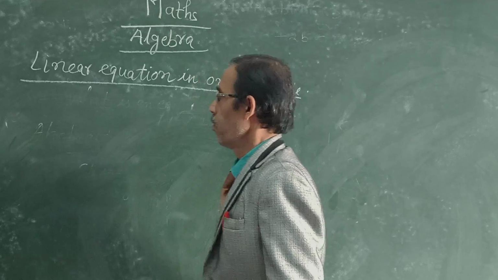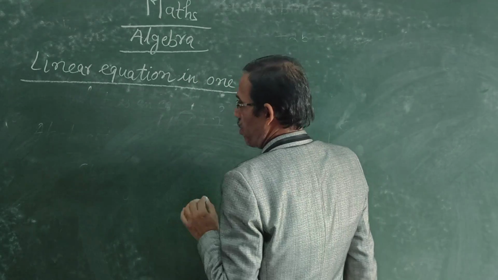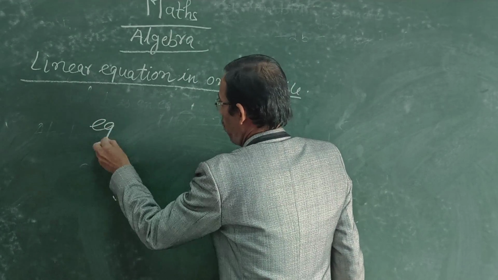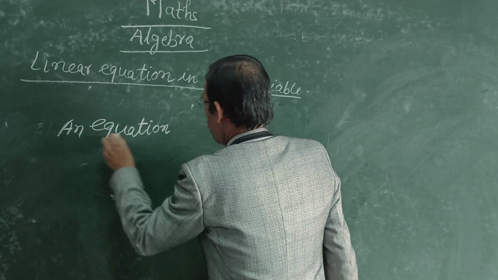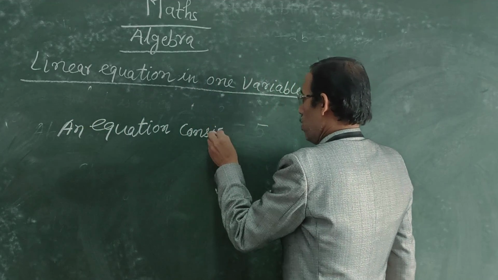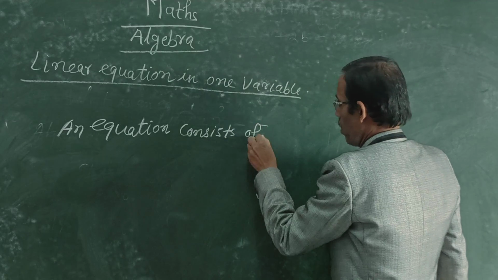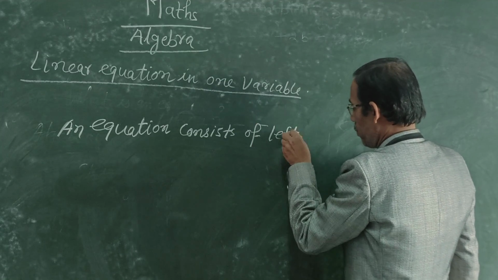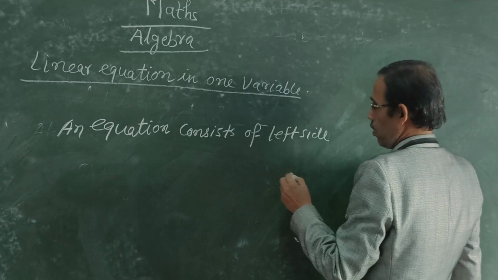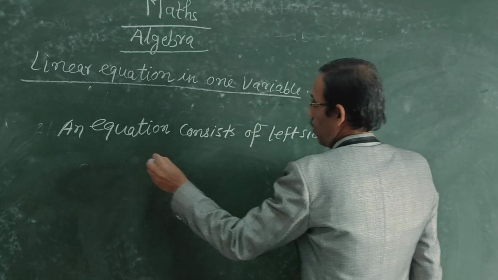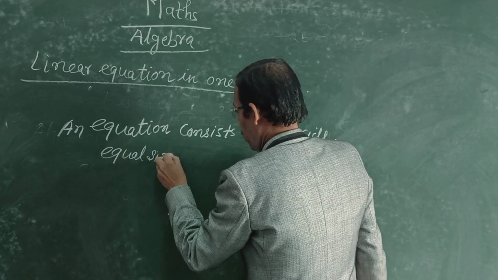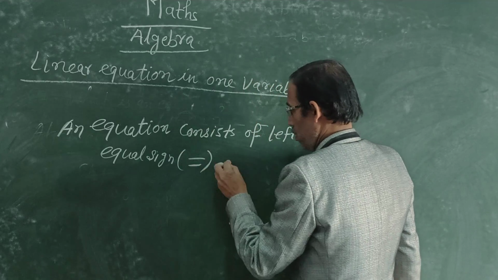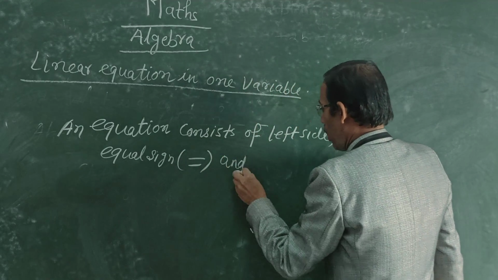Means finally an equation consists of a left side, an equal sign like this, and a right side.